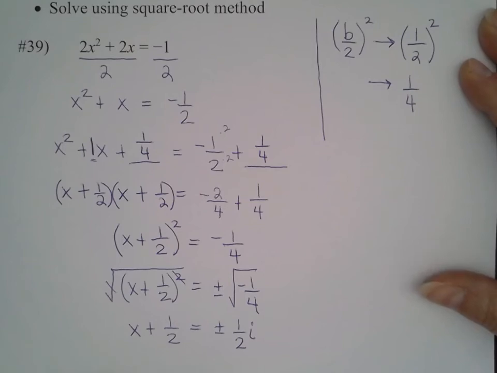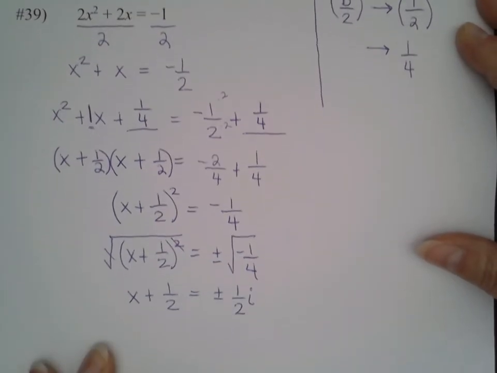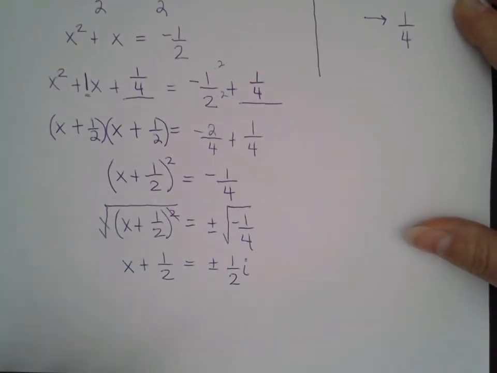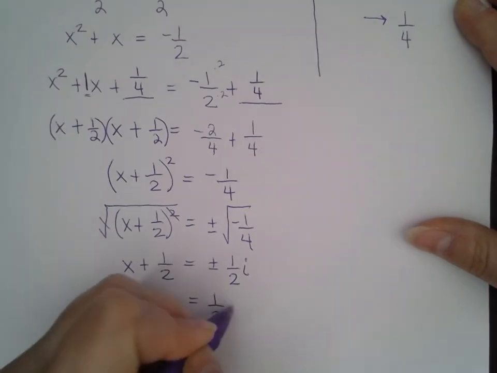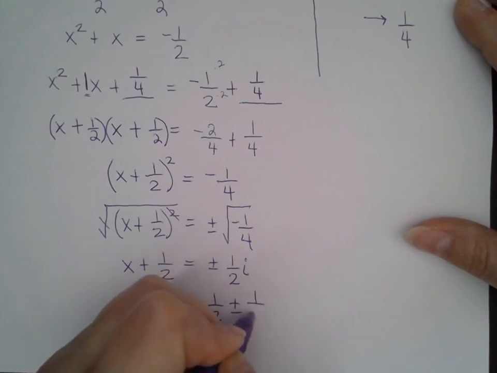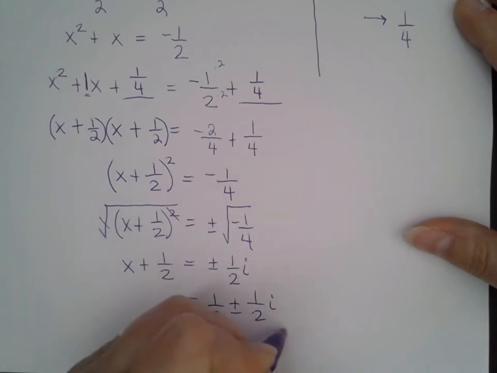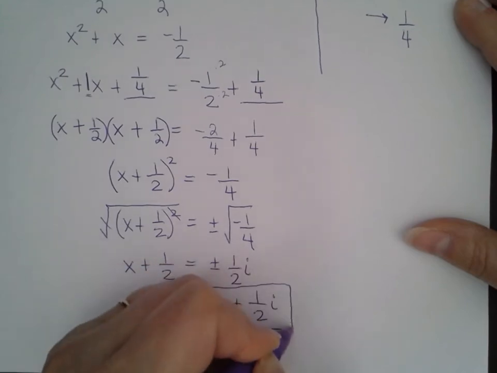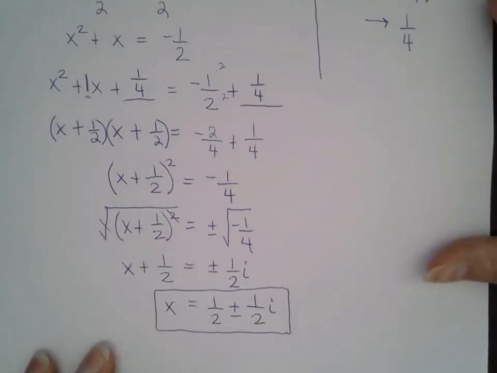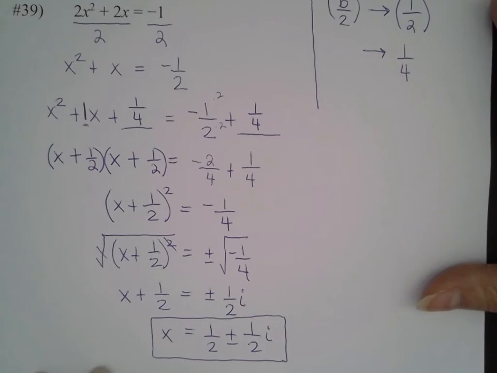And then we want to get x by itself by subtracting the 1/2 over to the right-hand side. So again, we get two solutions, 1/2 plus 1/2 i and 1/2 minus 1/2 i.